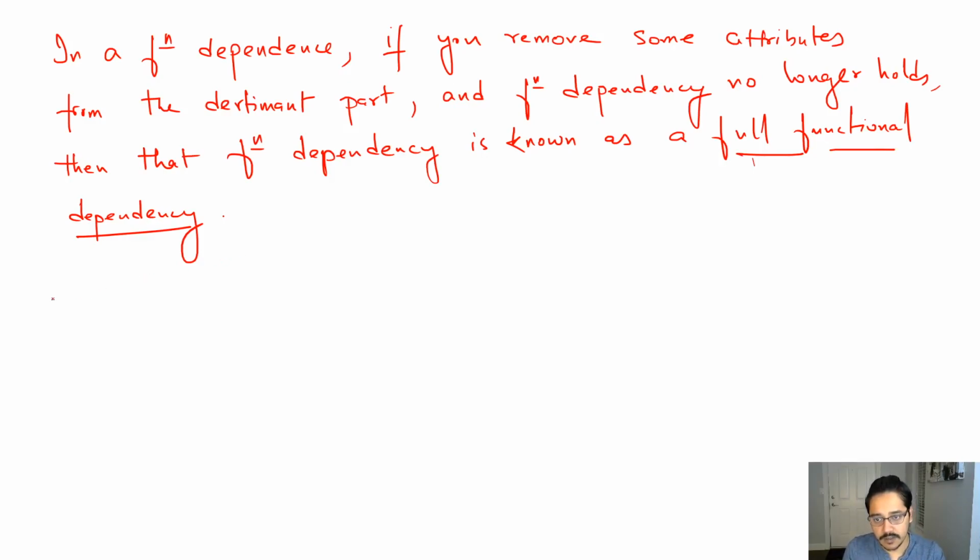So in that example where you had student number comma student name determining the value of, let's say, student GPA, if I remove some of the attributes of the determinant part, so there is a typo here, please keep in mind.